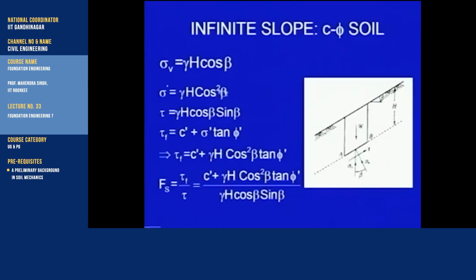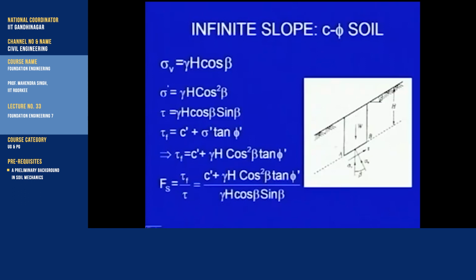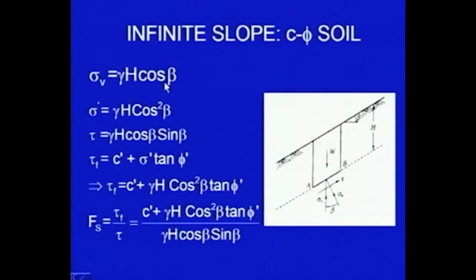So, the vertical stress at that rupture plane is given as gamma into h, h is the height of this slice, and into cos of beta. So, gamma h cos beta, as in the previous case, this is sigma v, and its normal component, normal means normal to the plane of rupture.